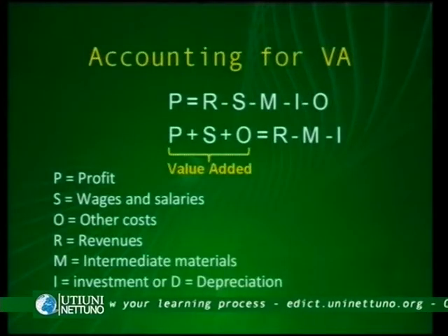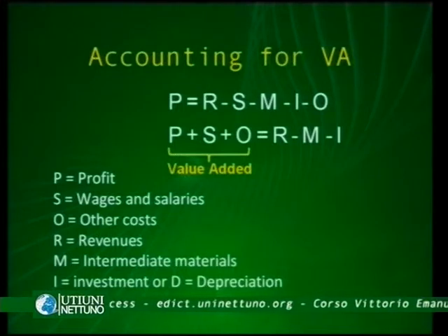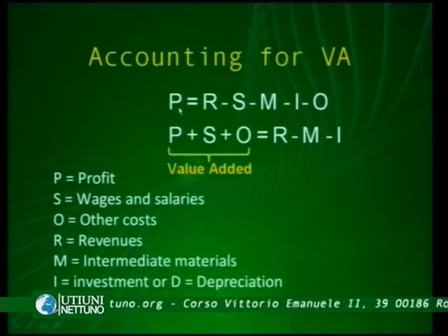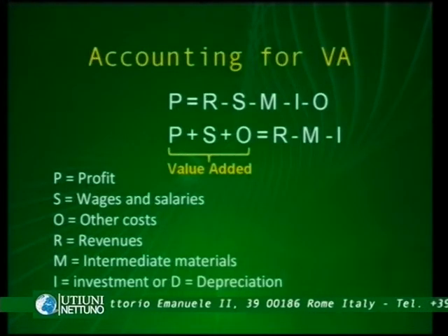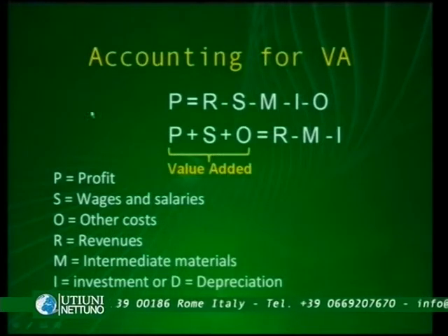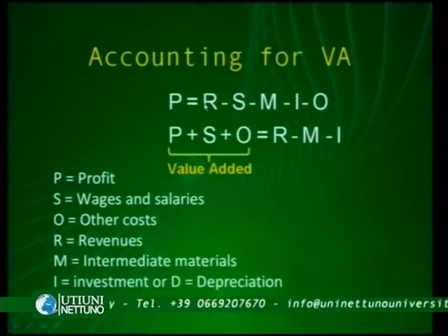So from a strictly algebraic point of view, we can define value added as represented in this slide. We first start from profits. That is the first equation that we see in this slide, so on the first row. As we know, profits are given by the difference of revenues and different kinds of costs and investment.